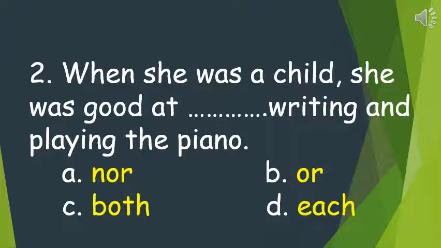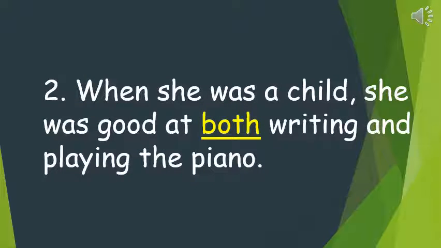When she was a child she was good at both writing and playing the piano. Choices: nor, or, both, each. The answer is both. She was good at both things, writing and playing the piano.